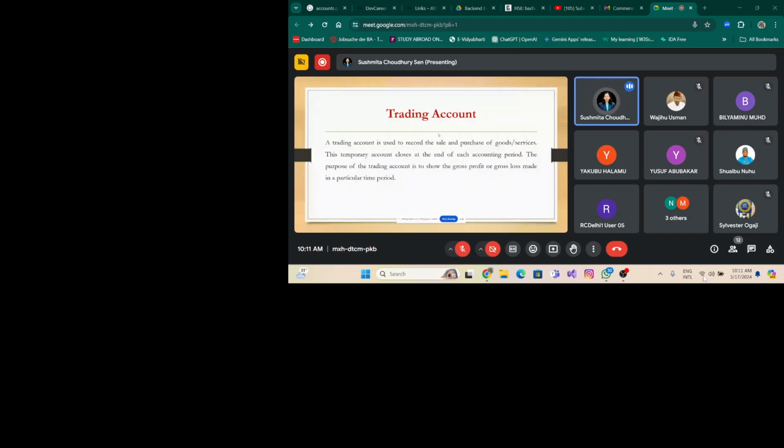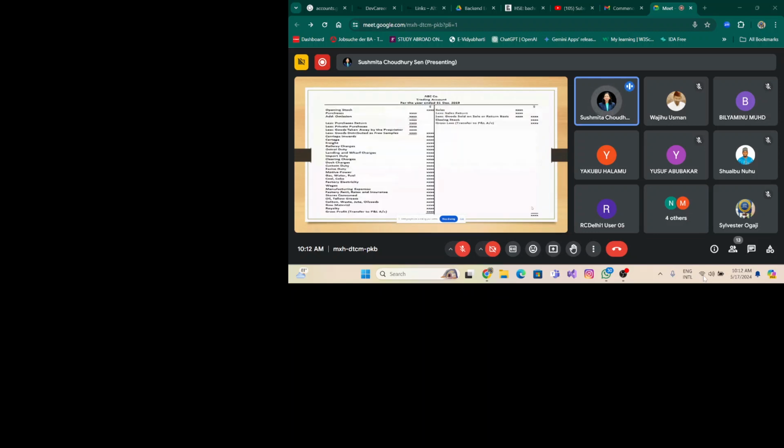Similarly, the income which you gain by doing the business, by selling the product or by giving your consultancy services or by providing the services to the customers. So the direct income and direct expenditure here we introduce in the trading account.